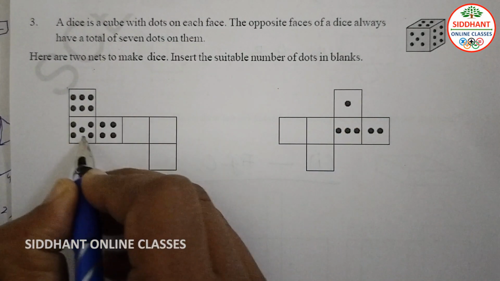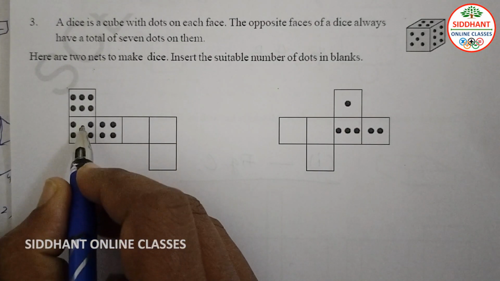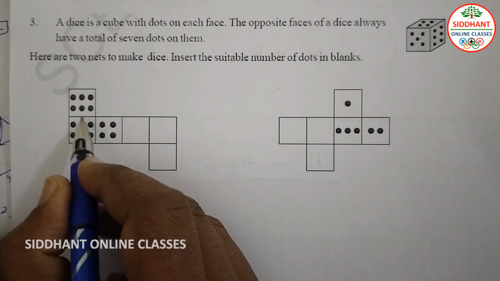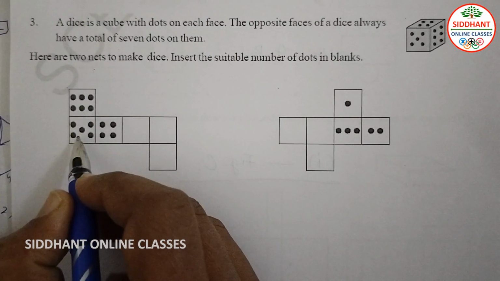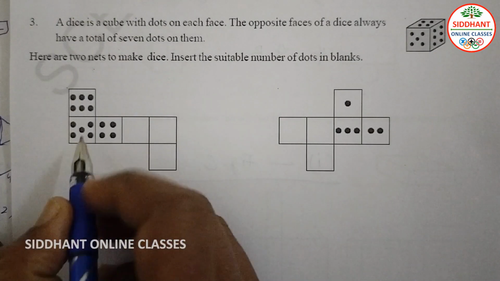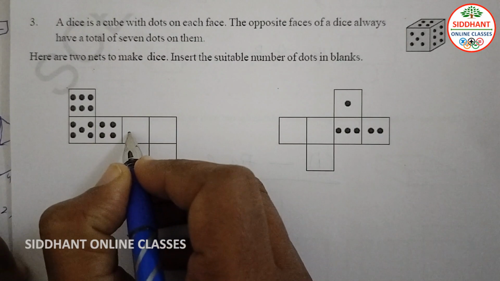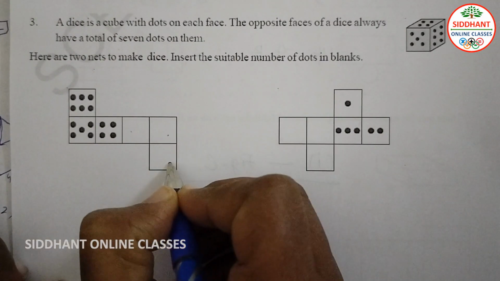So here the figures are there, where we see the numbers of dots. We are going to estimate the rest of the faces. So here 6, 5, 4 is there. When you estimate, here 3 will come, here 2 will come, here 1 will come.